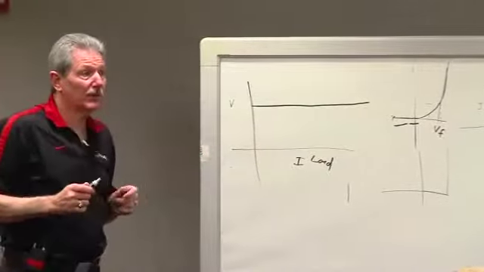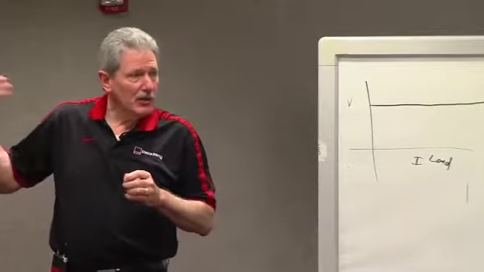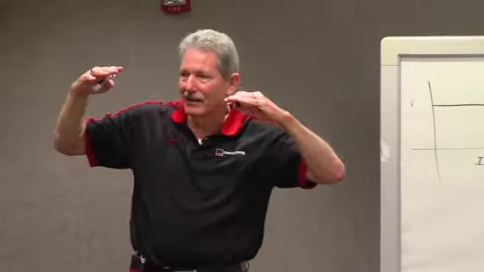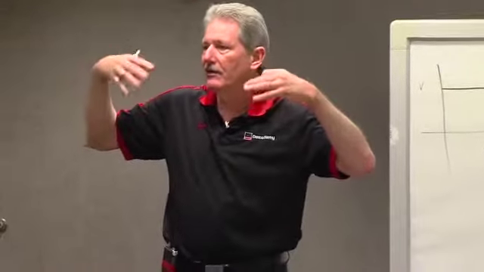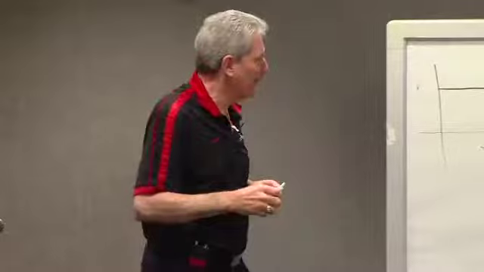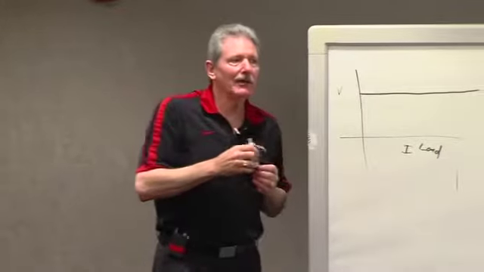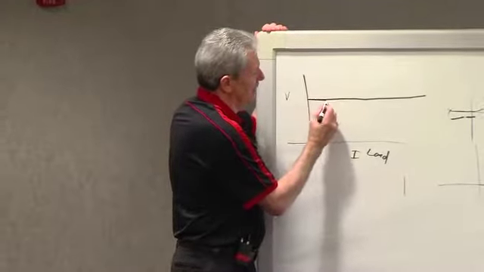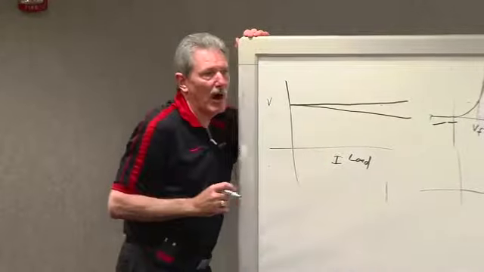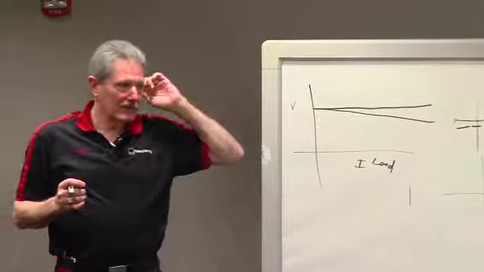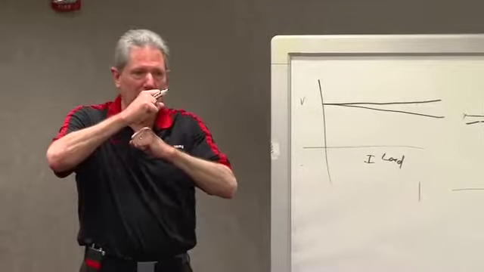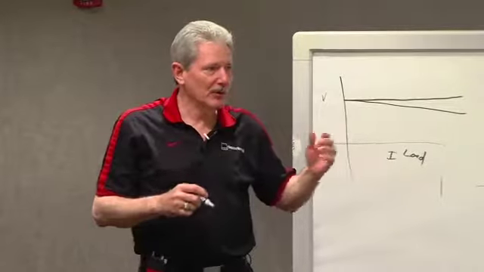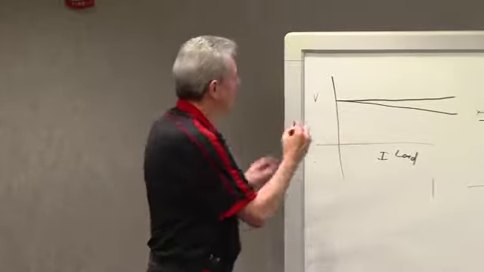If this was a perfect regulator, no matter how much current load I put on there, the voltage would stay the same until it ran out of energy, and then the voltage will drop. This is really not the way the regulator works. In fact, the regulator generally has a bit of a drop. So set point is easy. You put a voltmeter on the output of the alternator and you read what it says, 14.7, that's the set point voltage.